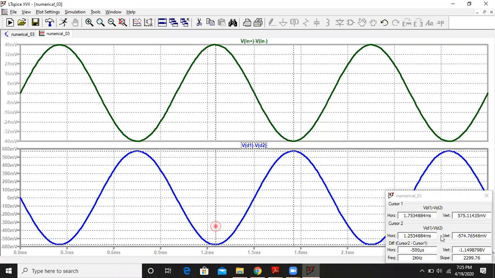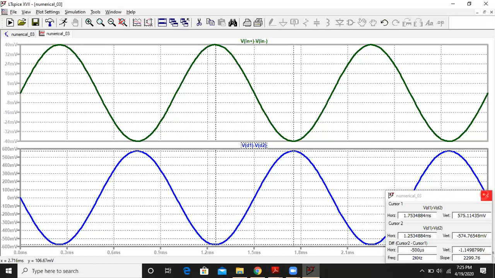Is it giving me peak to peak value? Yes. So the peak to peak value over here is 1.1498 divided by the input peak to peak, which is around 80 millivolt. So 1.1498 divided by 80 millivolt. If you work it out, that number will come close to around 14.37.